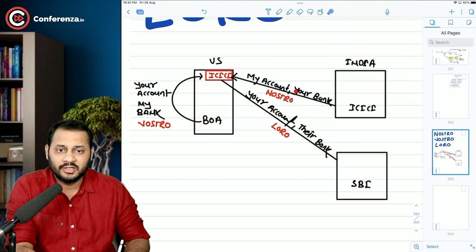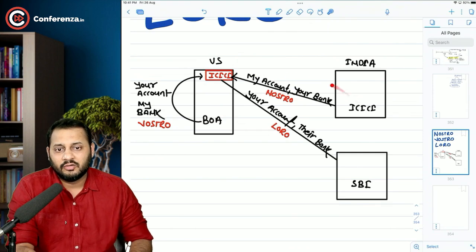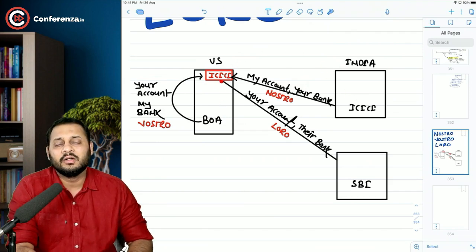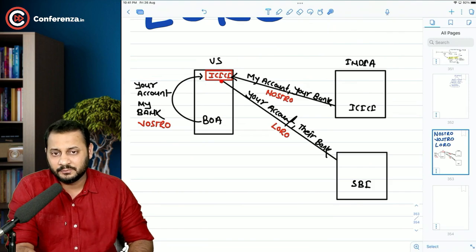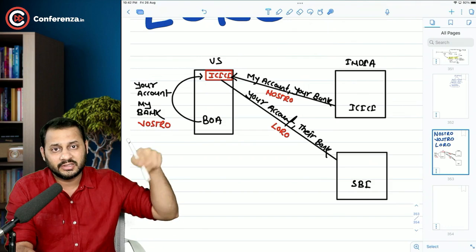My account in your bank is called a nostro account. Whatever the situation, if it is my account in your bank, it will be called a nostro account. So when ICICI bank has an account with the Bank of America in America, this account will be called a nostro account.